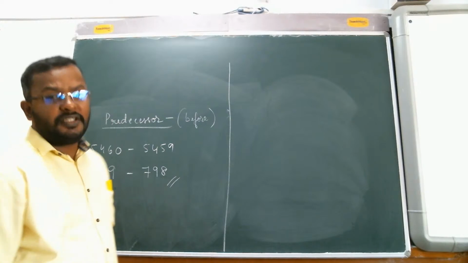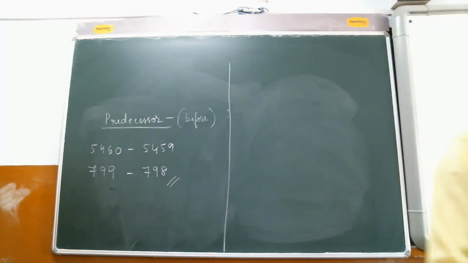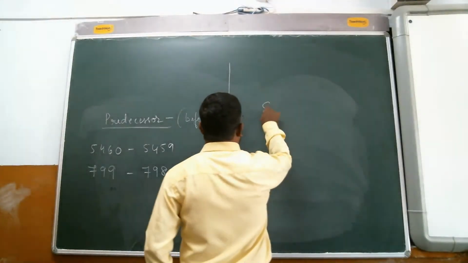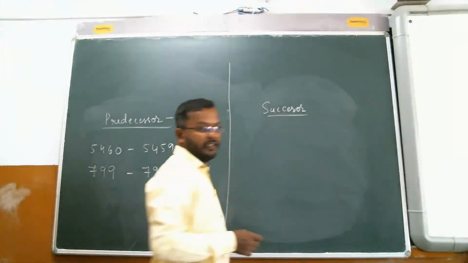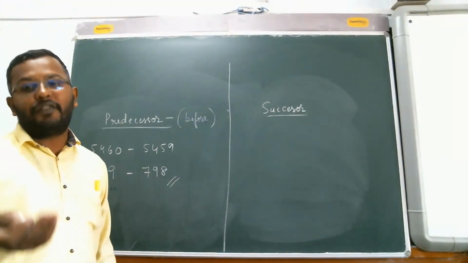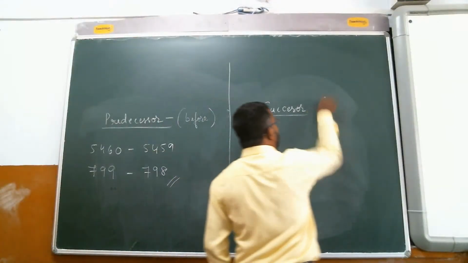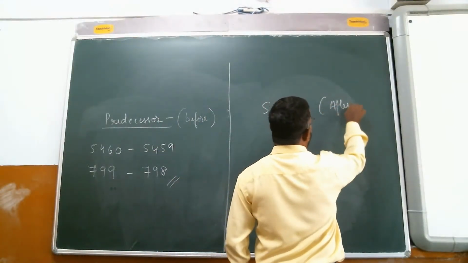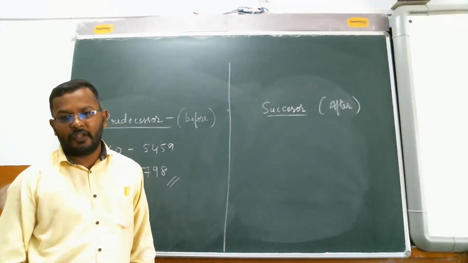After predecessor, next we have successor. What is the meaning of successor? Successor means the after number. Predecessor is the before number, and this is the after number. So the after number is called the successor.